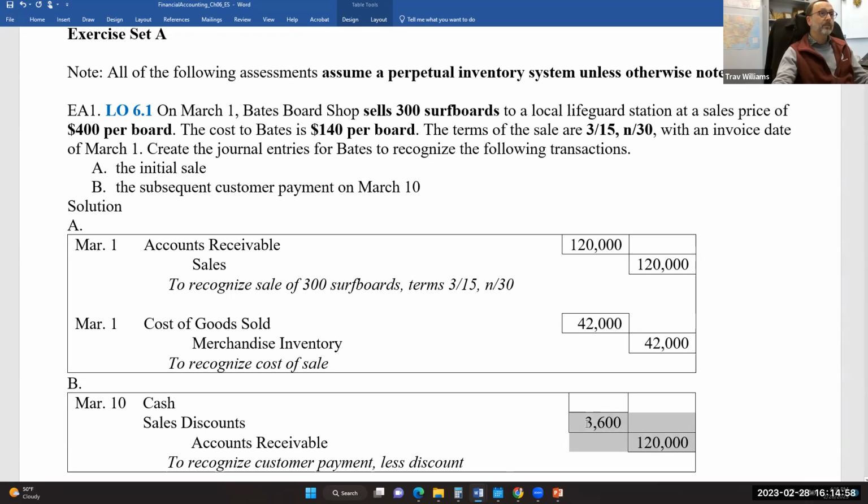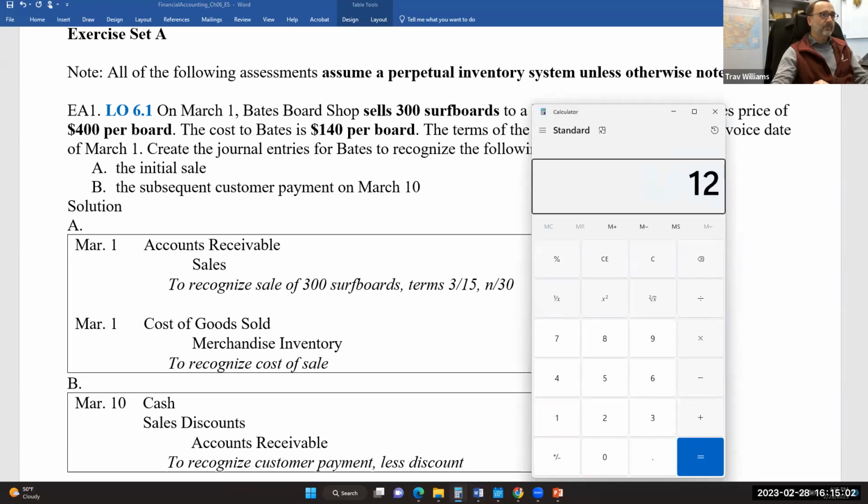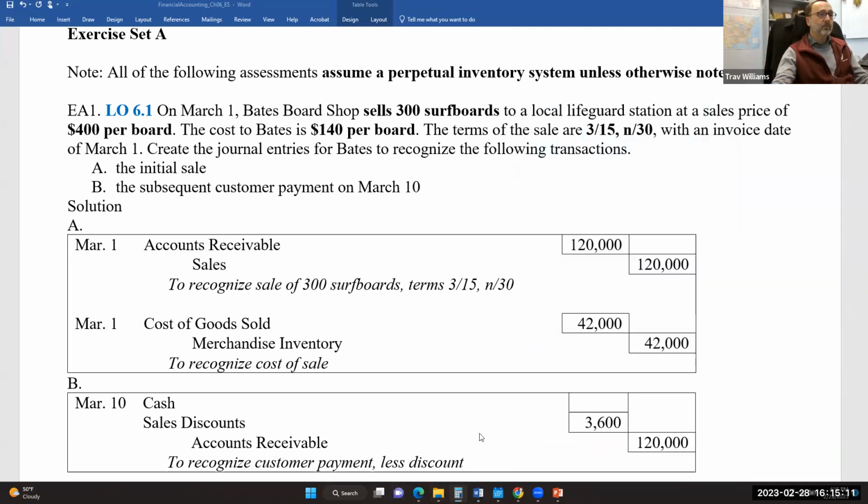Then what we do is we subtract. So we take the amount that they owed minus the discount that we just calculated, and the difference is what they need to pay, $116,400. And if we wanted to check that, we could add up our debits and we would find they equal our credits.